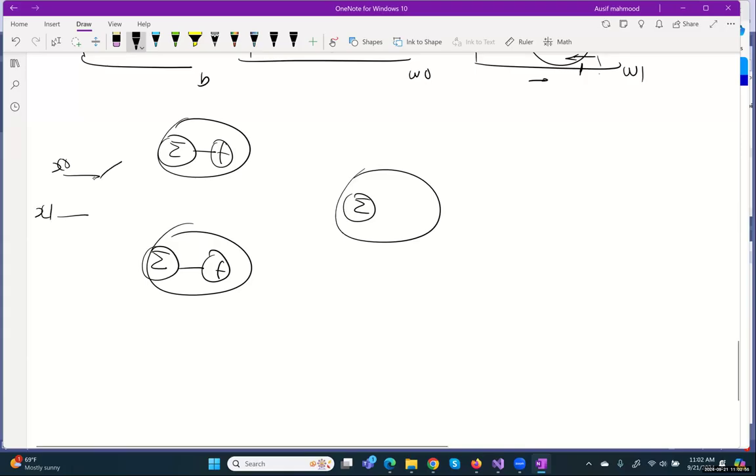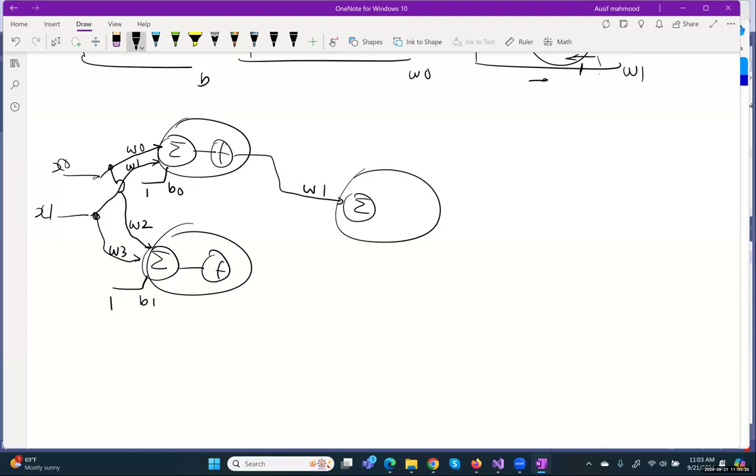As we discussed, every input goes to every neuron. Let me call the weights W0, W1, W2, W3, W4, W5, and the biases B0, B1, and B2.